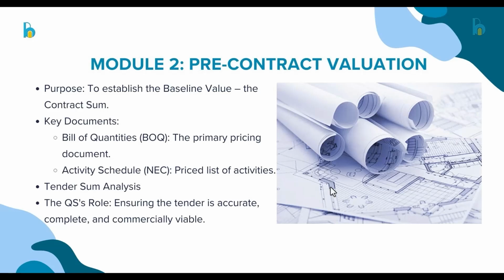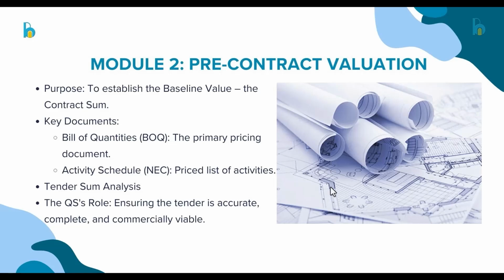Looking at module 2, which is the pre-contract valuation, what is the purpose of this? The purpose of pre-contract valuation is to establish the baseline value, the contract sum. The key documents prepared in this pre-contract stage are the bill of quantity, which is the primary pricing document, the activity schedule, the price list of activities, and the tender sum analysis.